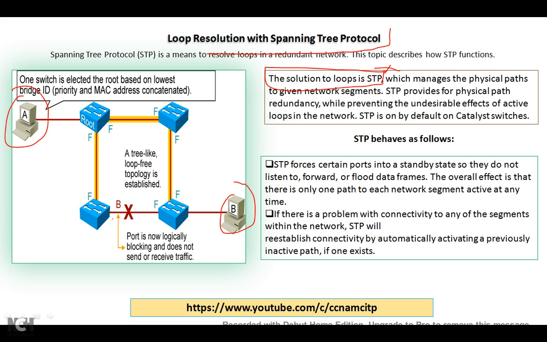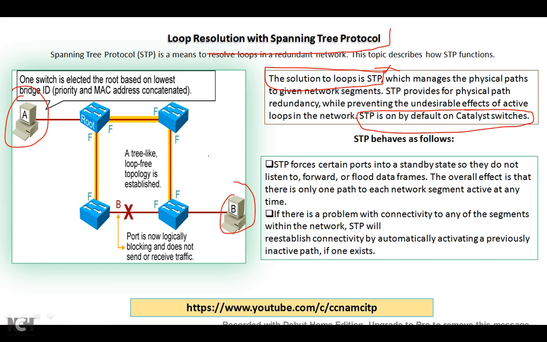Again, it's a concept of redundancy, and if you are using redundancy, STP will be there. STP provides for physical path redundancy while preventing the undesirable effects of active loops in the network. STP is on by default on Catalyst switches. So if we talk about Cisco switches, it is enabled by default. We do not need to configure it manually, but still we can make a few changes if required. We will see later on.